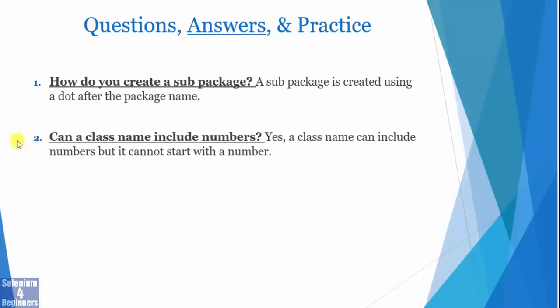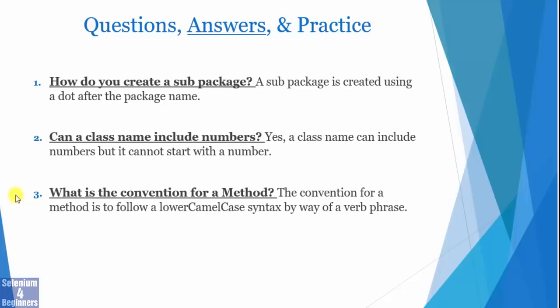Yes, a class name can include numbers, but it cannot start with a number. Number 3, what is the convention for a method? The convention for a method is to follow a lower camel case syntax by way of a verb phrase.